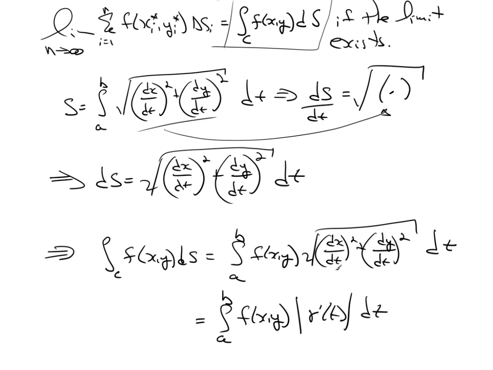Remember, r of t is how we parameterize a curve. So r prime of t is going to be dx/dt, dy/dt, and then the magnitude is just this thing.